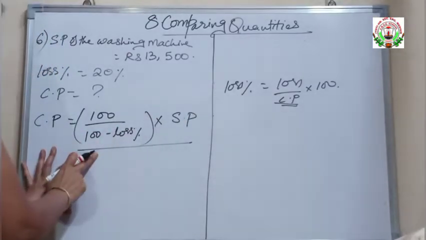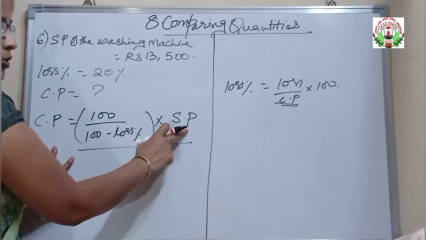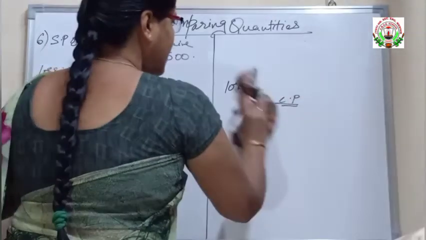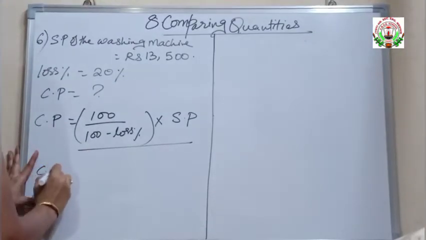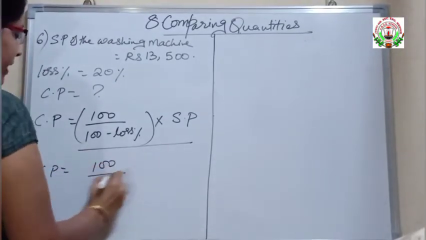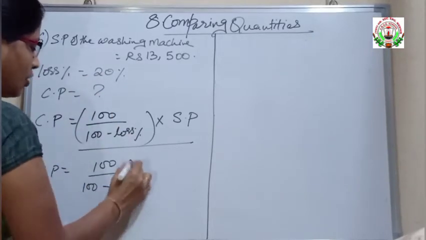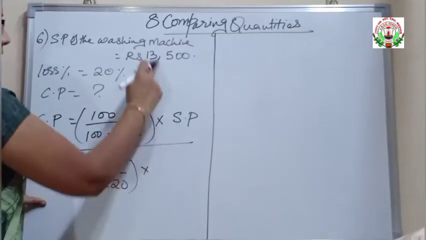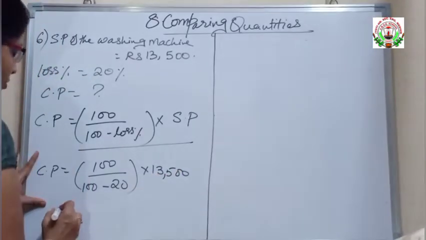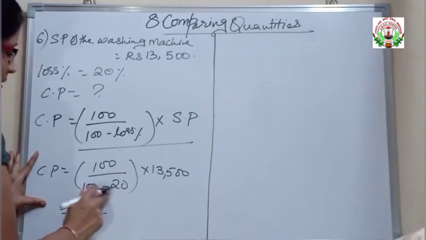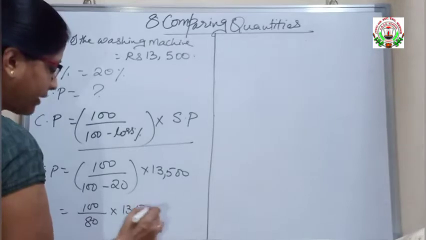So we are going to use this formula. CP is equals to 100 by 100 minus loss percent into SP. So your CP is equals to 100 by 100 minus loss percent, given as 20, into SP, given as 13,500. So this will be 100 by 100 minus 20, it is 80 into 13,500 here.